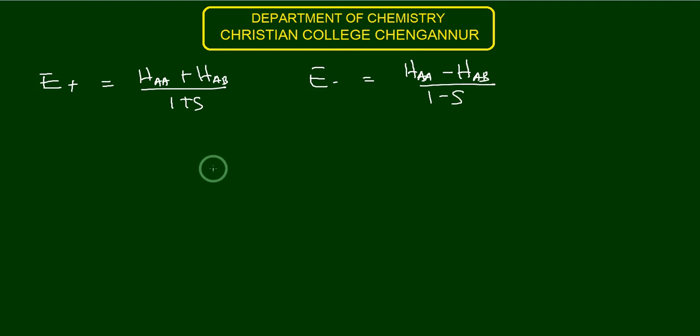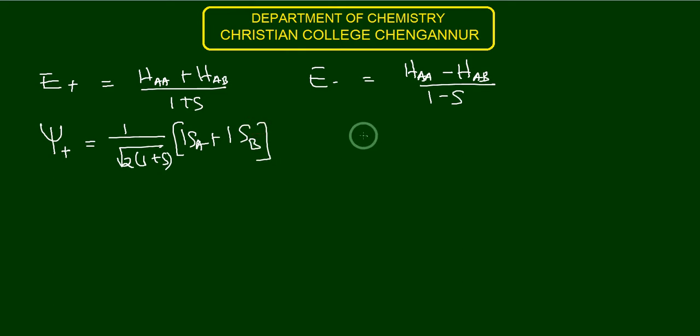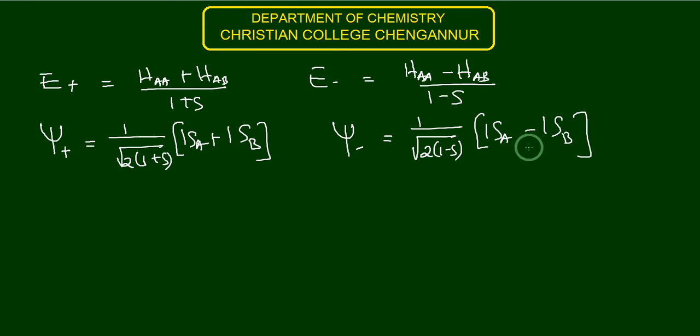Okay, and these energies were corresponding to two wave functions. E plus was corresponding to the wave function psi plus, which is equal to 1 divided by root of 2 into 1 plus S, into 1s A plus 1s B, and E minus was corresponding to the wave function psi minus, which is equal to 1 divided by root of 2 into 1 minus S, into 1s A minus 1s B. Okay, these were the two wave functions.